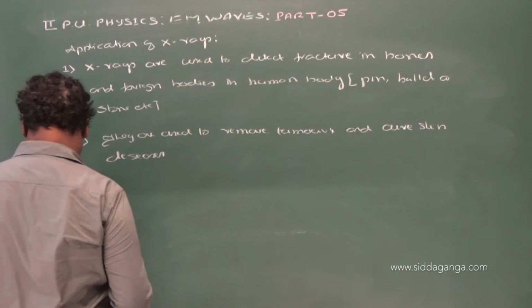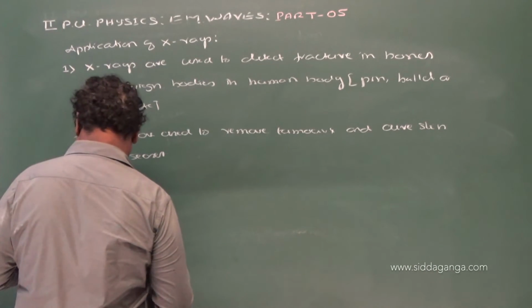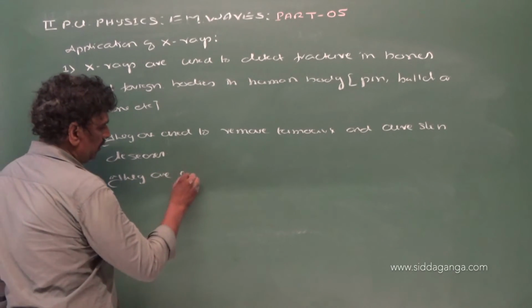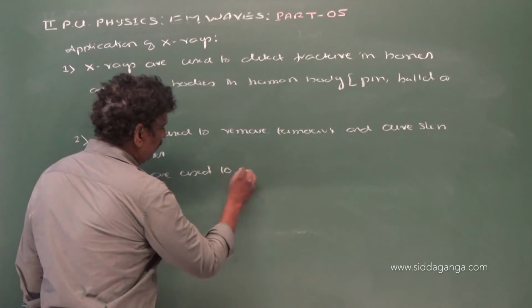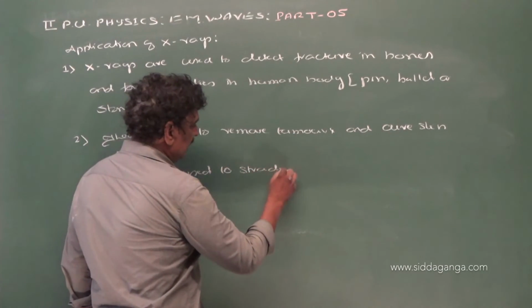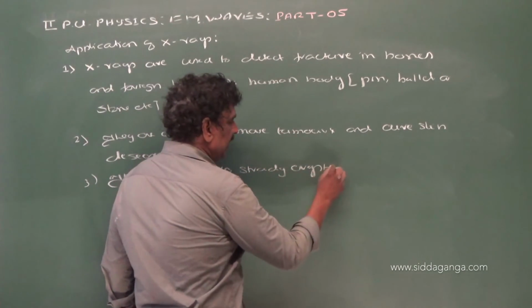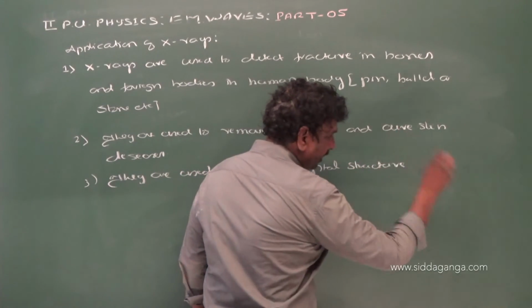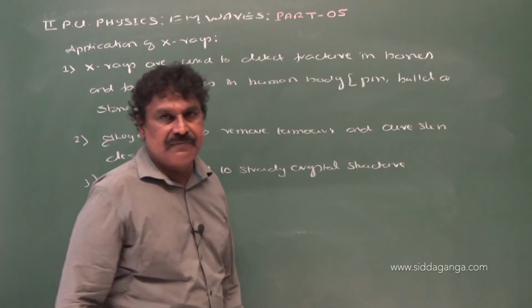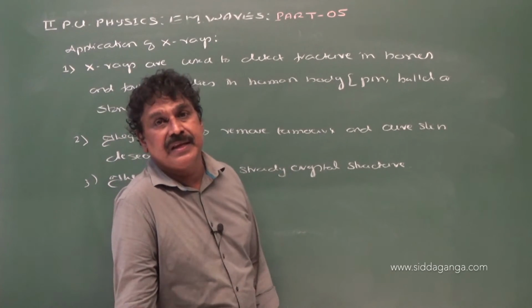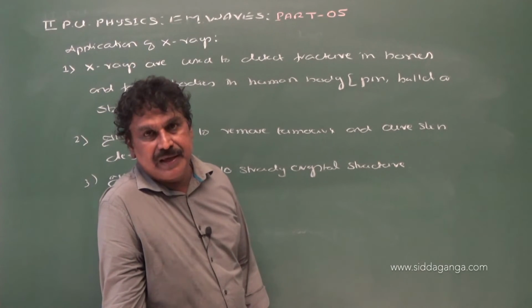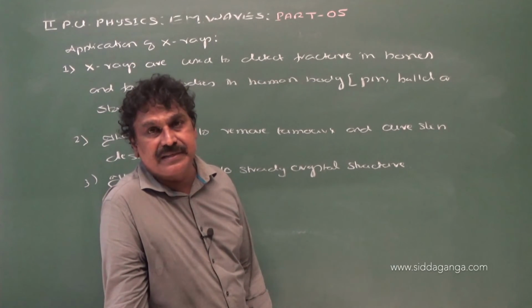The third one, they are used to study crystal structure. There is a branch of physics called crystallography that deals with the study of crystals, mainly the structure of various crystals.